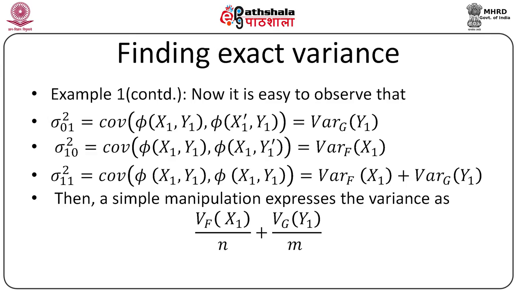Since x1 and x1 dash are IID, they are uncorrelated, and y1 and x1 dash are uncorrelated, we get the covariance as variance of y1. Similarly, we get sigma square 1, 0 as variance of x1 and sigma square 1, 1 as variance of x1 plus variance of y1. Then, a simple manipulation expresses the variance as variance of U equal to variance of x1 by small n plus variance of y1 by small m, which is the usual variance of x bar minus y bar.